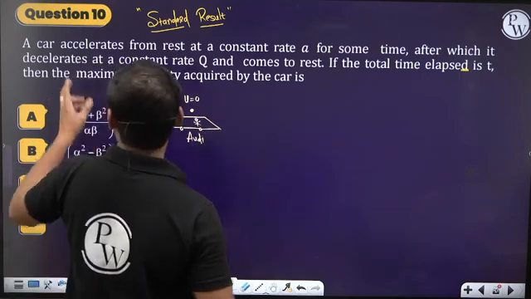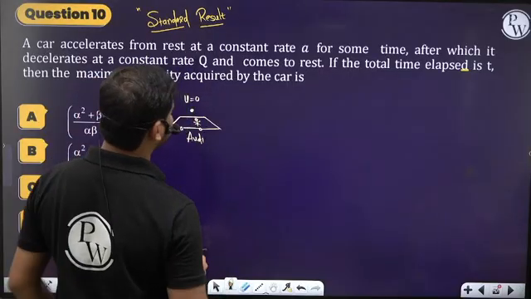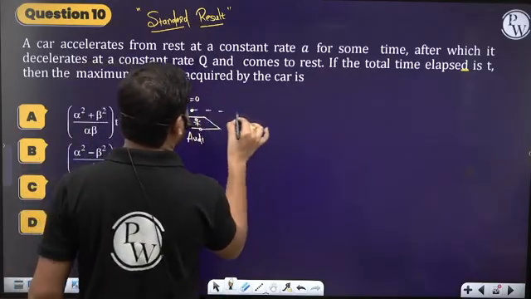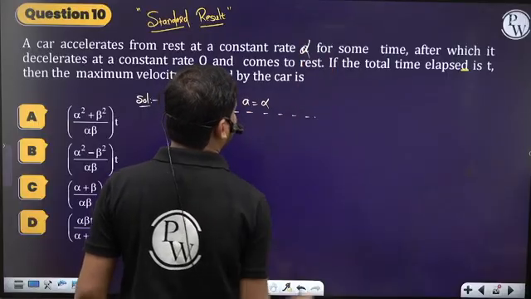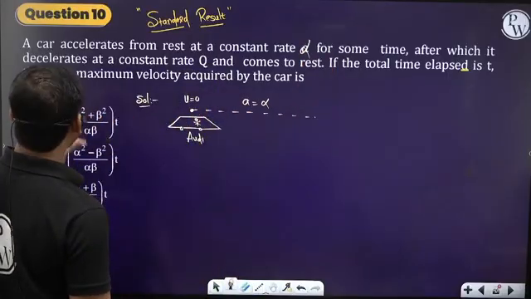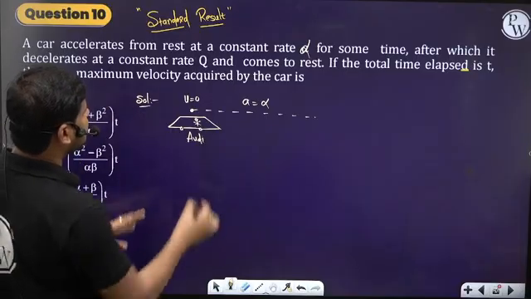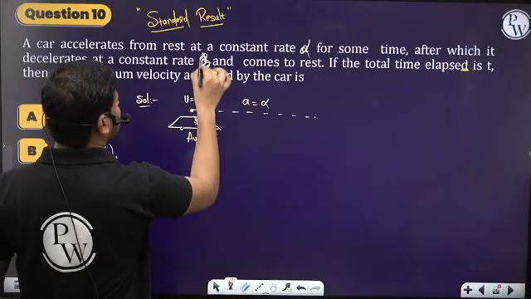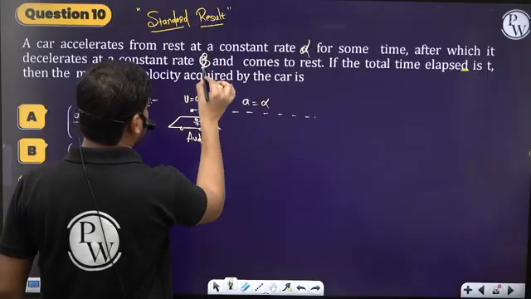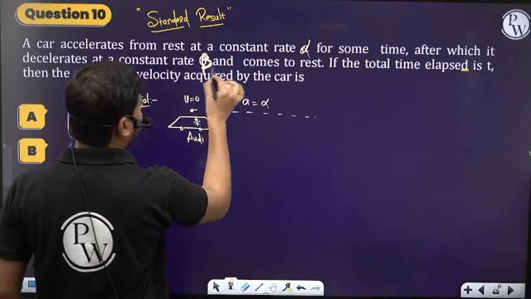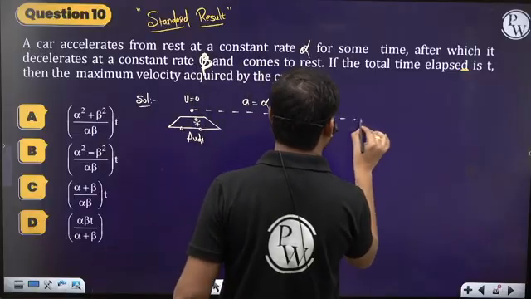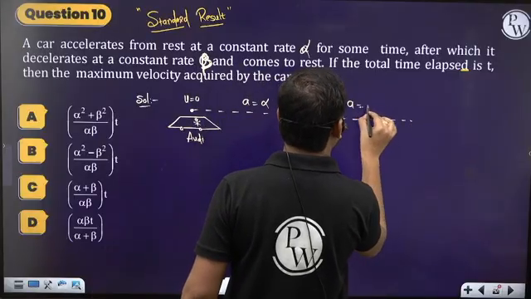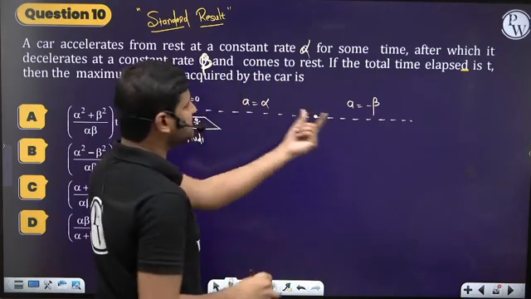So it accelerates from rest, u is equal to 0, at a constant rate alpha, so the acceleration is equal to alpha, for some time. Then it decelerates at a constant rate beta and comes to rest. So from here it starts decelerating at a constant rate beta, decelerating means minus beta.